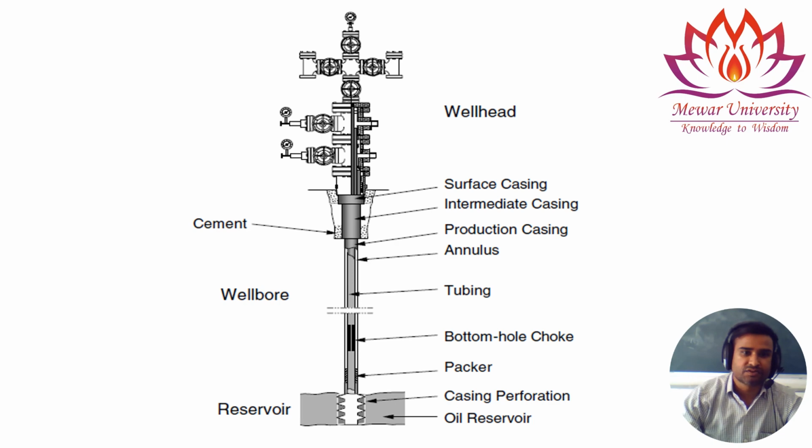This is casing perforation. Perforation is basically making holes inside the casing so that oil or gas can pass through these holes. This is a reservoir. So this is one of the standard typical diagram of a wellhead. That's how the wellhead looks like.